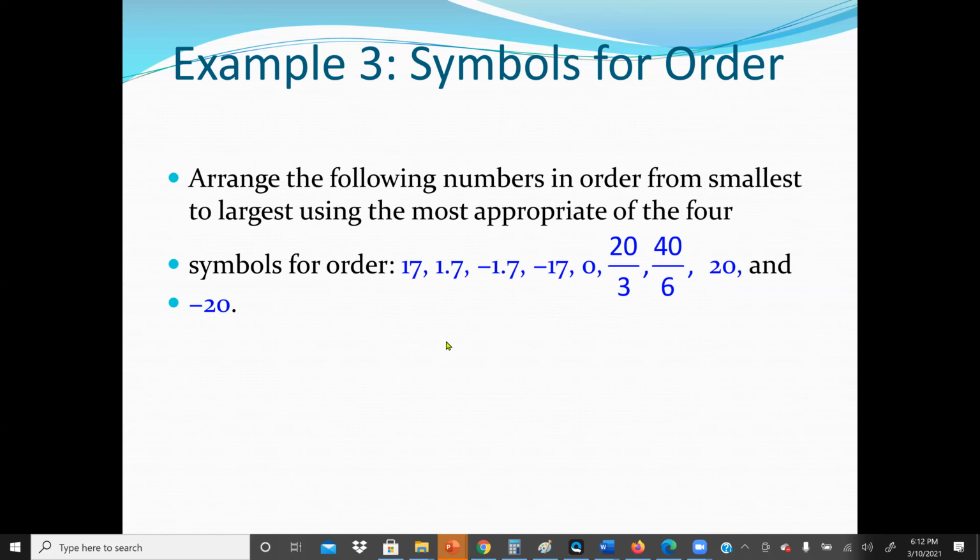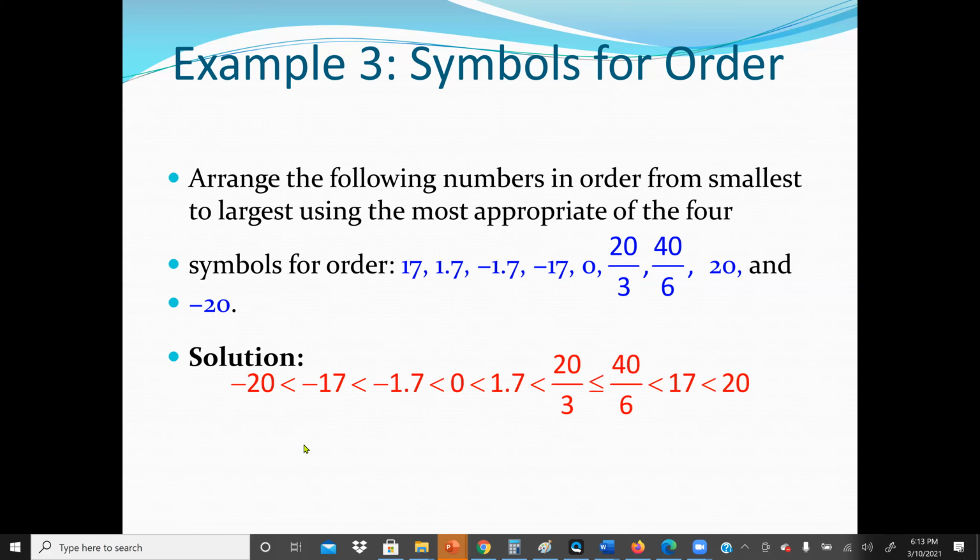So we have to arrange. The smallest value will be negative 20. So negative 20 is less than negative 17, and negative 17 is less than negative 1.7.